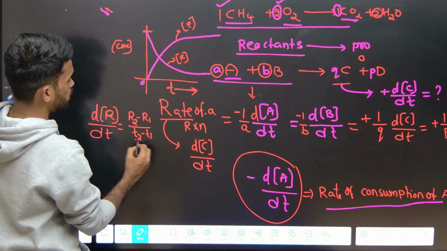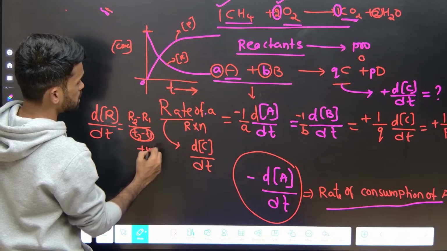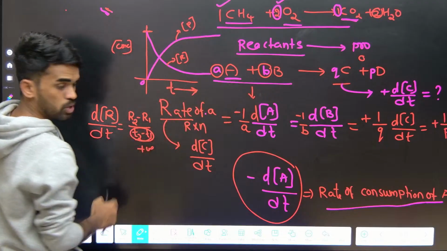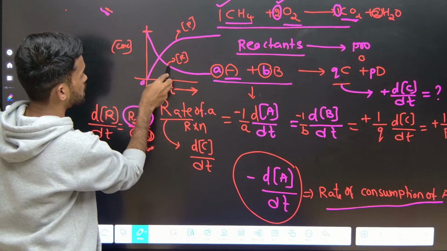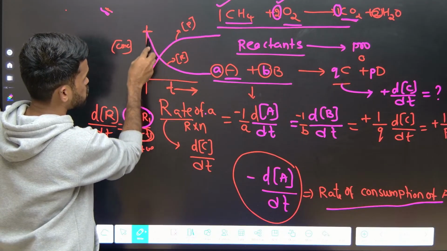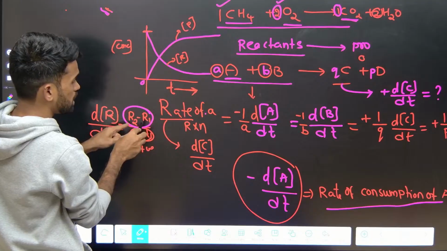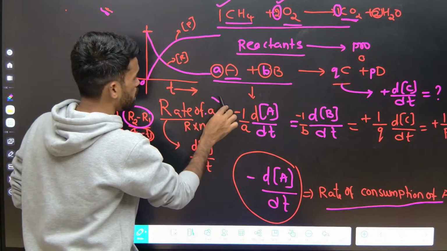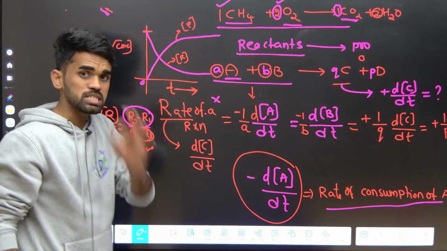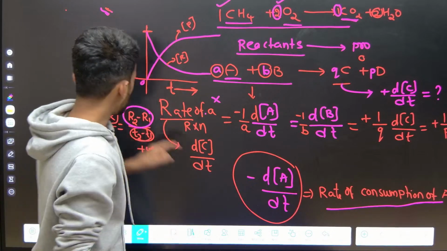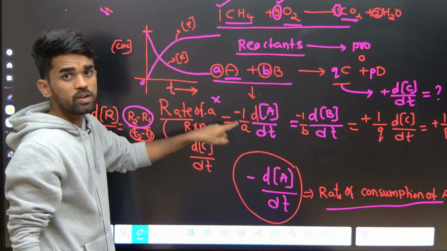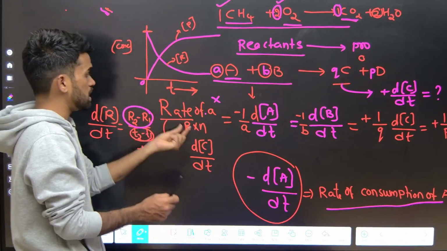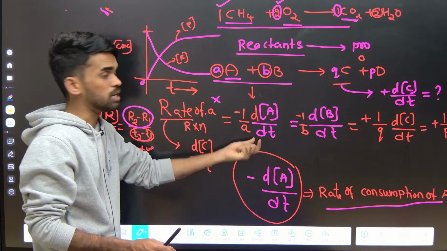We know T2 minus T1 is a positive term, because as time goes on this value becomes positive. But this one, R2 minus R1, the final concentration of reactant, decreasing when I compare with the initial, therefore this term becomes negative. Rate of reaction should not be expressed in negative format, it must be in positive values only. So if we don't insert this negative symbol for the reactant side, the value of the rate of reaction will be negative in terms of reactants.